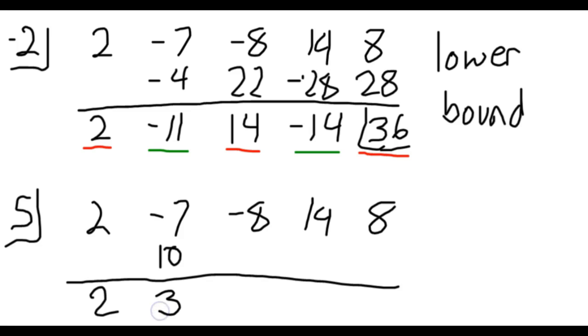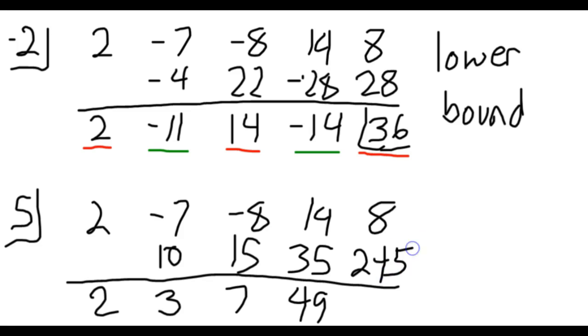Get a positive 3, 15, 15, and negative 8 is a positive 7, 35, 49. Oh, this is getting to be a large number. 5 times 49, 5 times 50 is 250, 250 minus 5 is 245, plus 8 is 253. Okay?